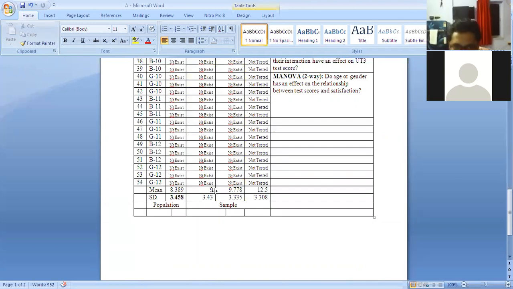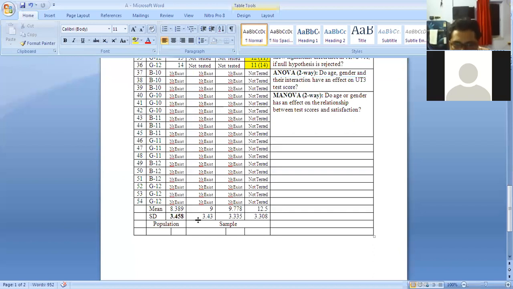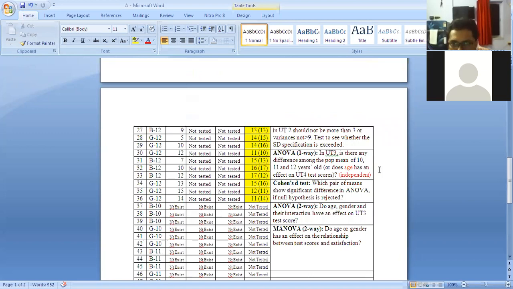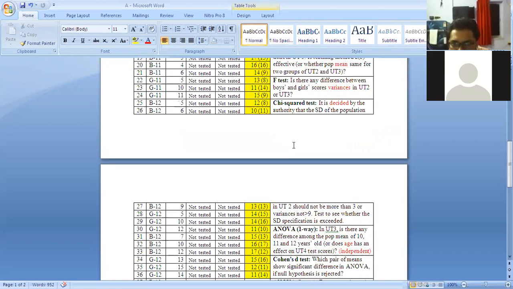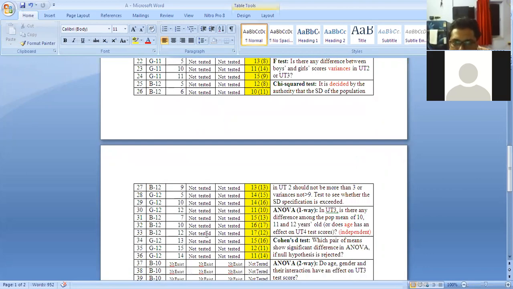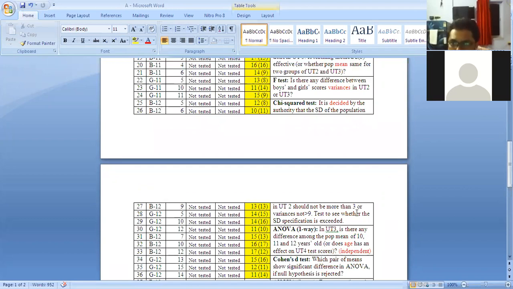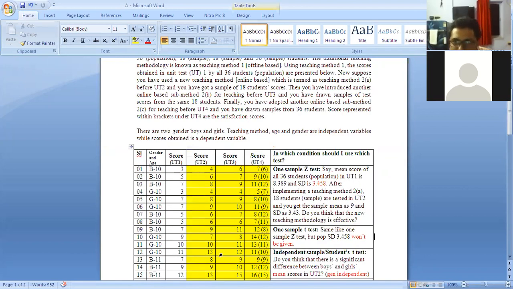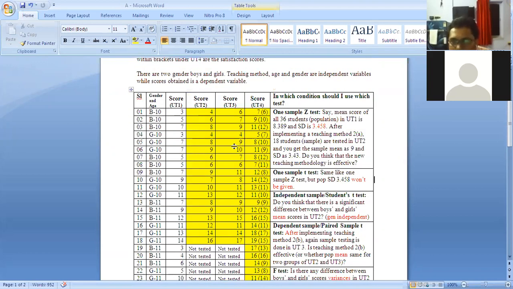Okay, here you can see that you have got the standard deviation is 3.43, but it is given that the population standard deviation should not be more than 3, but you cannot say that this standard deviation is actually crossing the given specification. Why you cannot say that? Because you are judging at sample level.